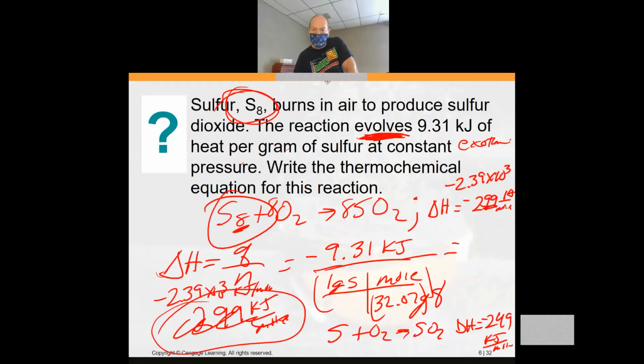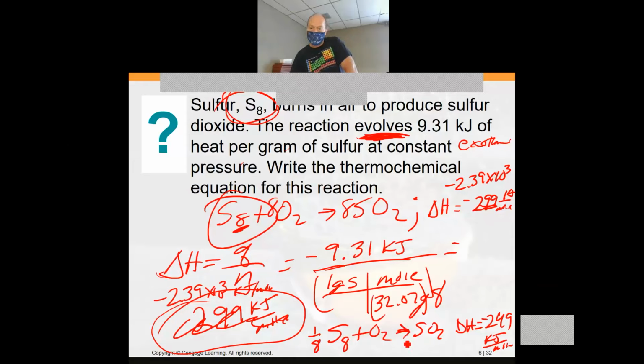If I wanted to give this balanced chemical reaction for 1 S, I would say 1/8 of S8. So if I just divided this whole reaction by 8, I would then divide the delta H by 8. And so that delta H would be negative 299 kilojoules per mole.